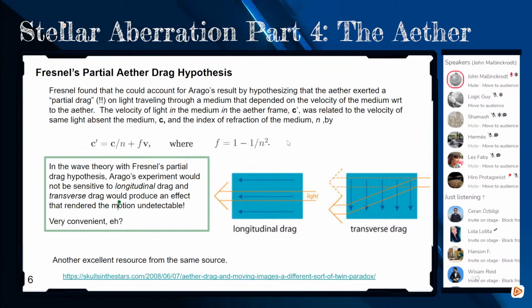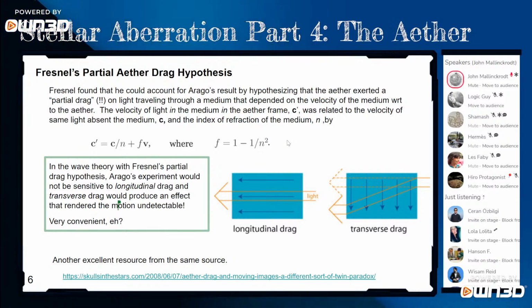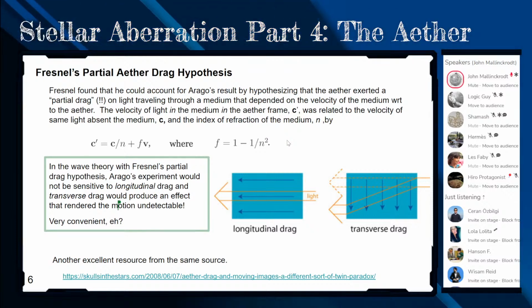He wouldn't have seen it if it were longitudinal drag, because all longitudinal drag does is change the speed of the light. It doesn't change the direction, and he wasn't looking at the speed of light. He was simply looking at the direction. That's important for what comes later. There's another excellent resource down there.